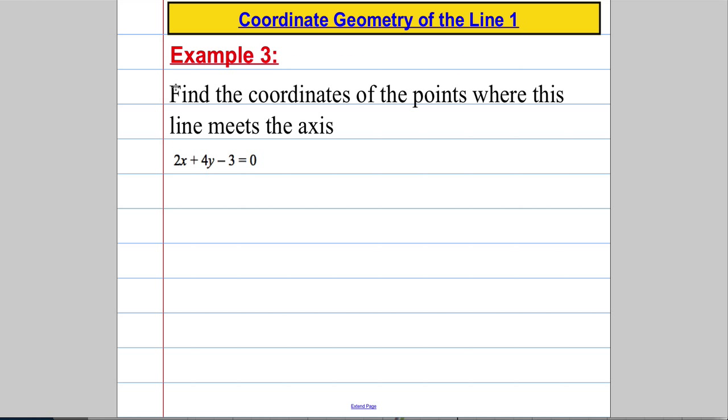Okay, let's try some examples now. Example 3. I want to find the coordinates of the points where this line meets the axes. So I need the x-intercept and the y-intercept. So remember, what happens at the x-intercept? Well, that implies that the y value is equal to 0. So what I can do is substitute y back into the function.